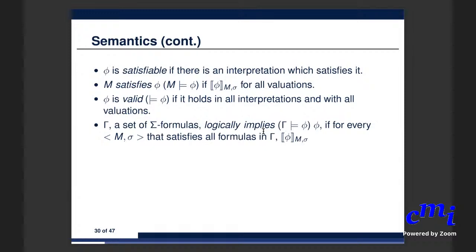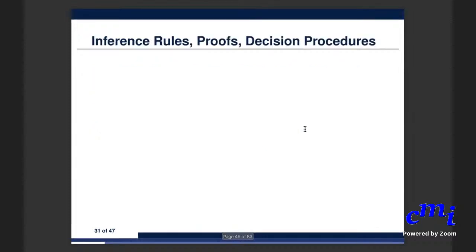So this is a way of saying that if you restrict yourself to models that make every formula in gamma true, then for those valuations and models, phi has to be true as well. Okay, that's the semantic notion of logical implication.